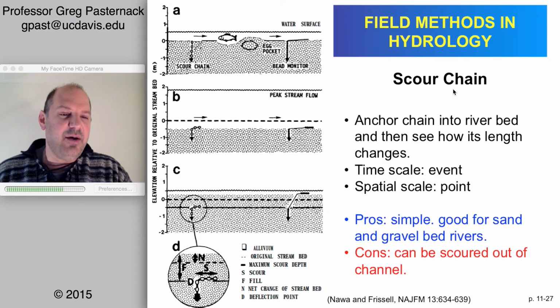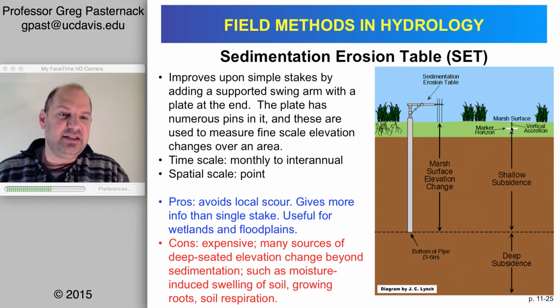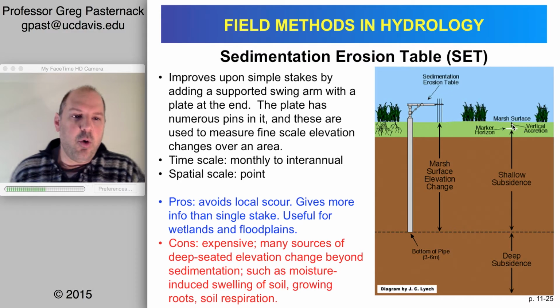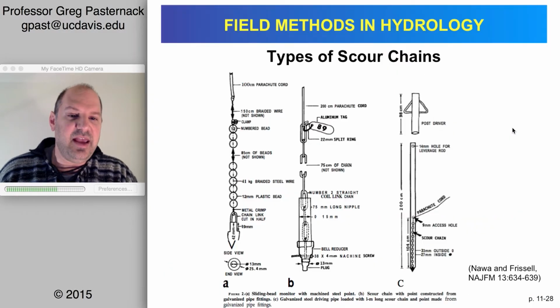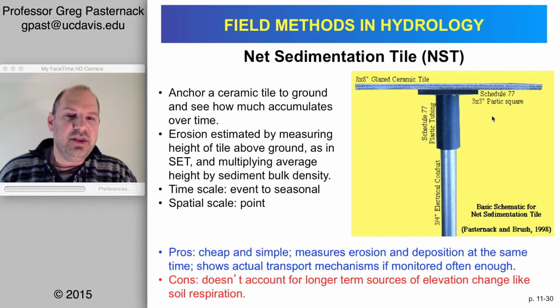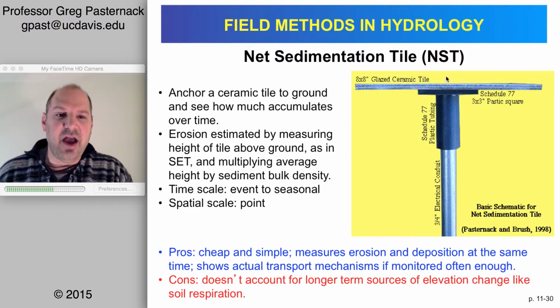The solution to that with the SET is to have a marker horizon, and I will talk about those marker horizons in a moment, but it's not quite as good because you have to core through that as opposed to just being able to sample the tile and then put the tile back.